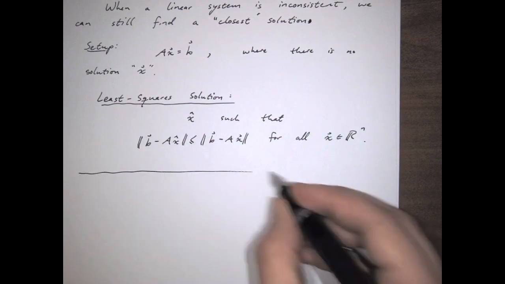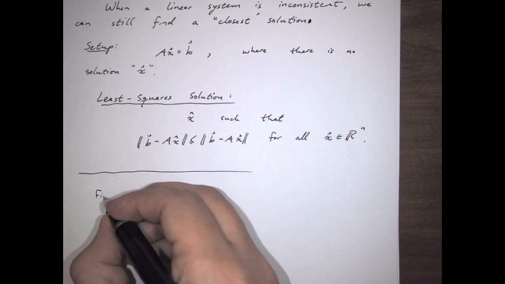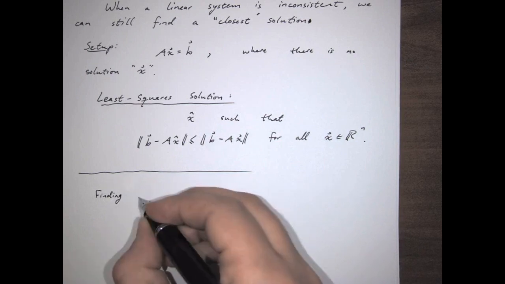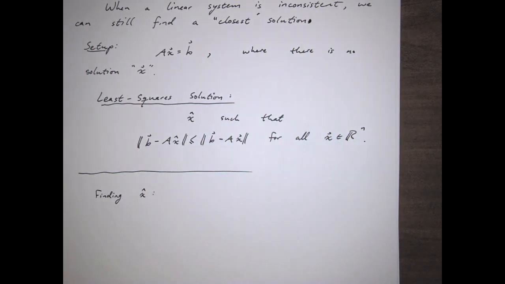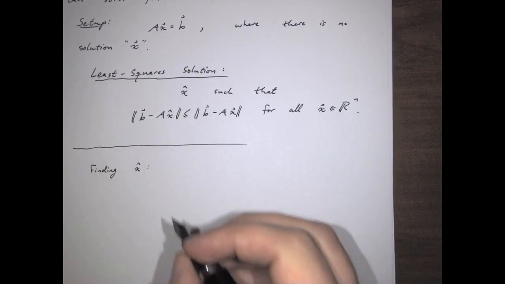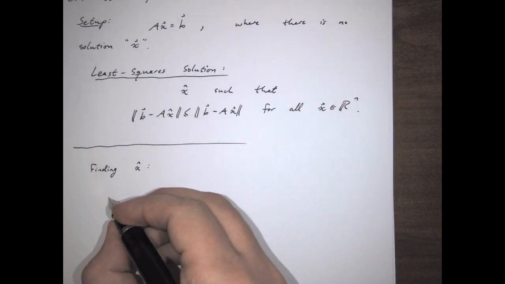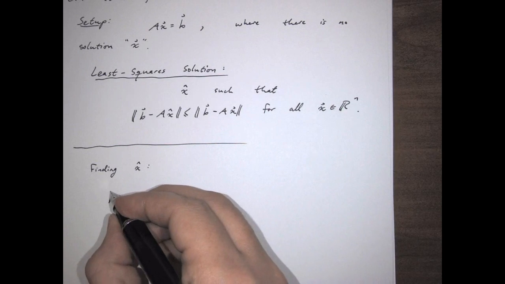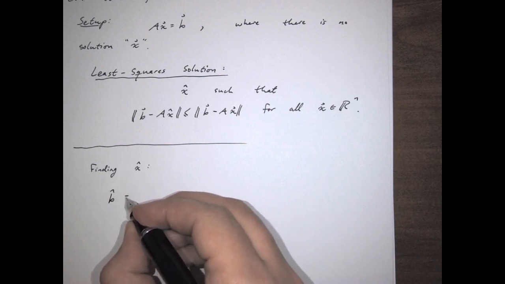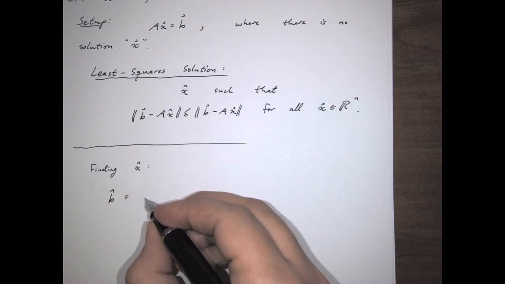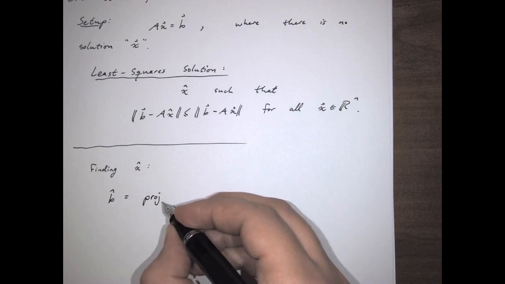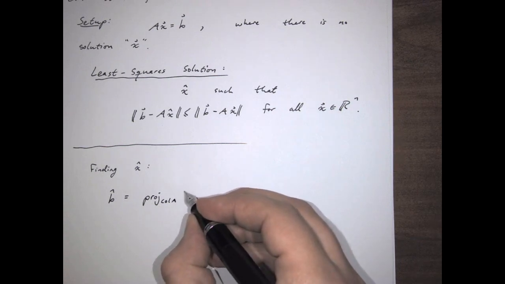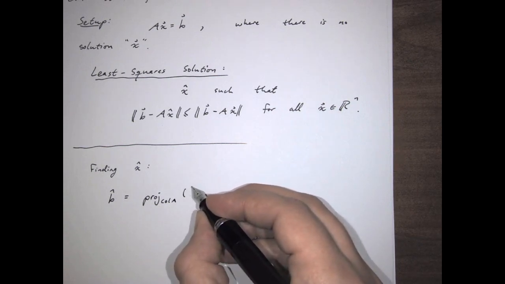So finding x hat: b hat is going to equal the projection onto the column space of A of b.